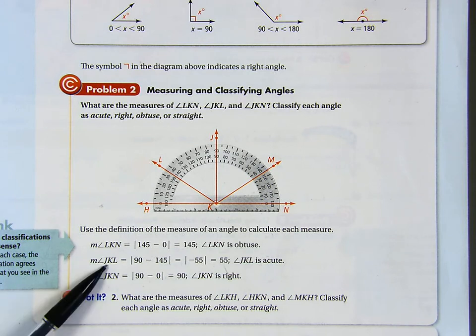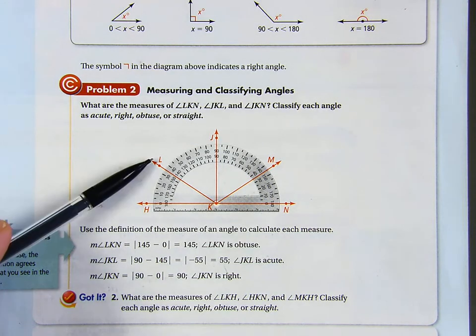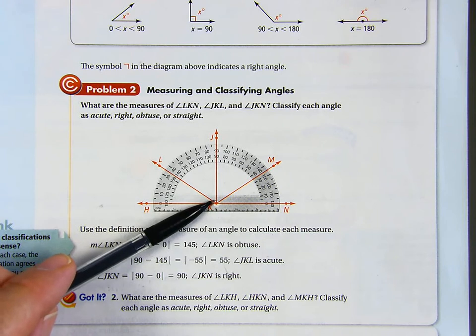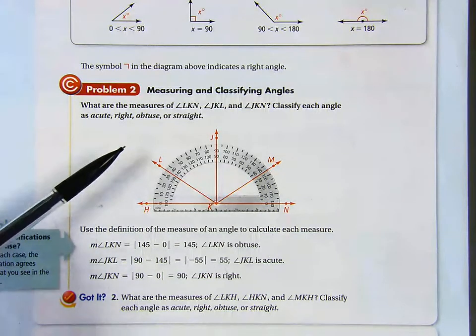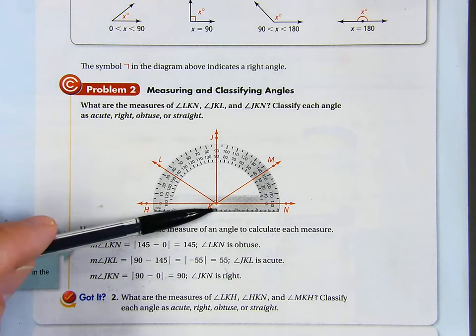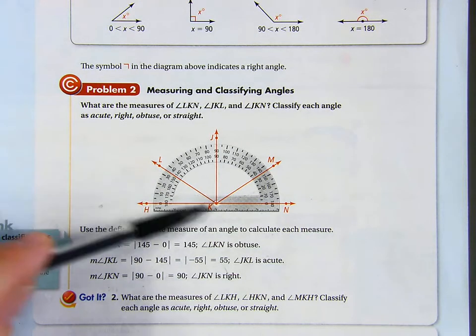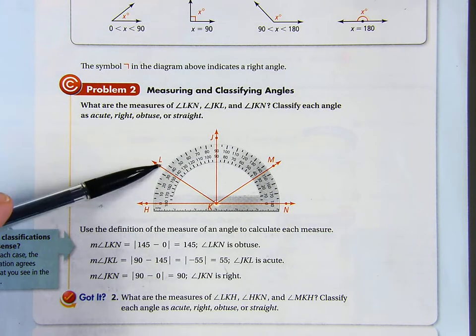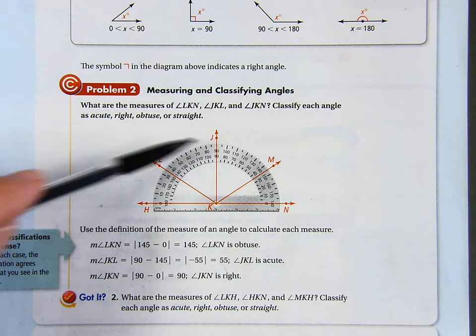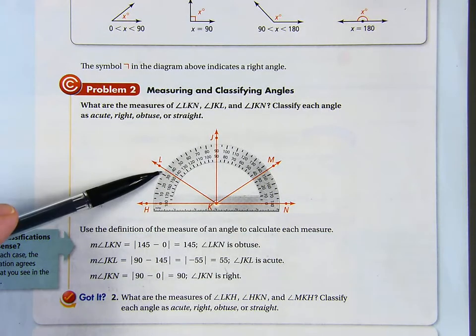To find angle JKL, this time we're going to have to read both numbers and get the difference. So they have 90 degrees for that ray, 145 degrees for that ray.